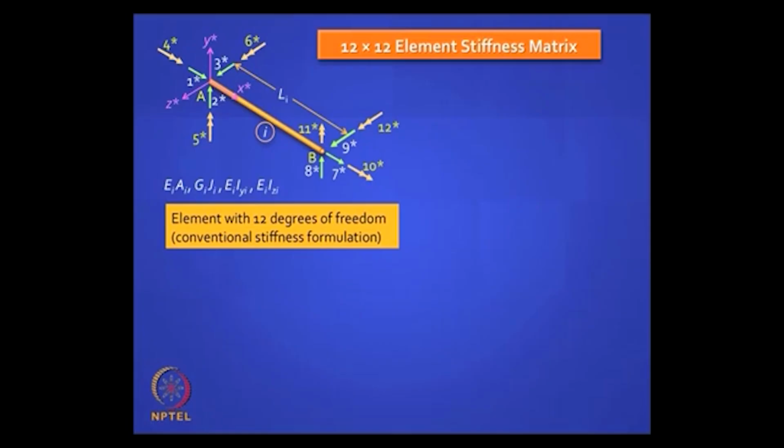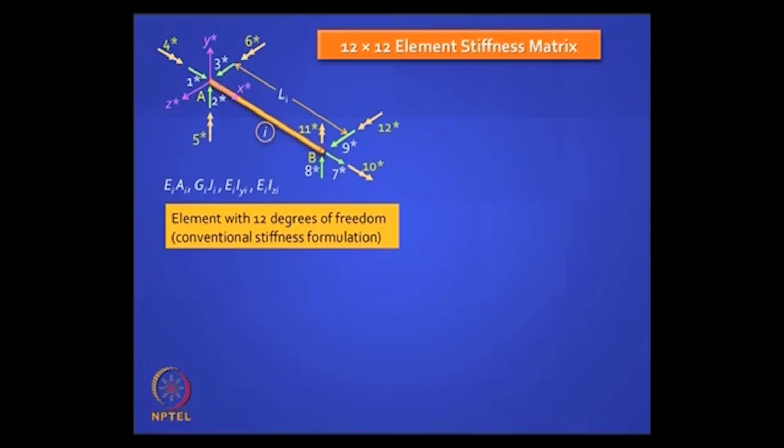Your conventional beam element had only 2 star, 6 star. 2 star is the shear force in the vertical plane, 6 star is the bending moment in the vertical plane at the start node, and at the end node you had 8 star and 12 star. But you also had in the grid element the torsional degree of freedom, so you also had 4 star and 10 star. So it's looking familiar now.